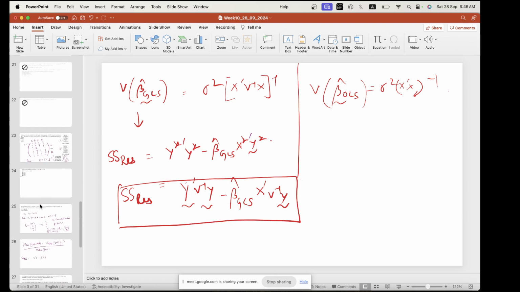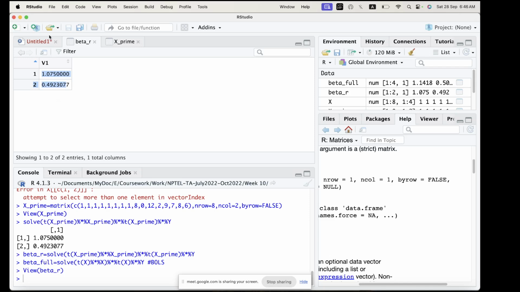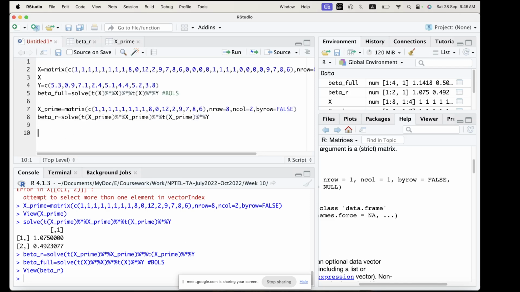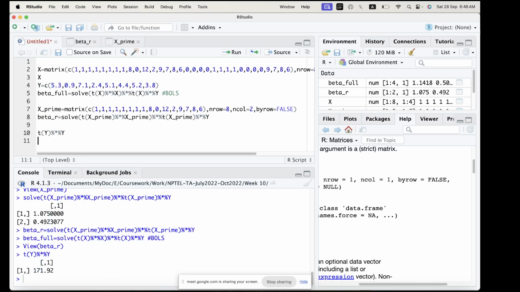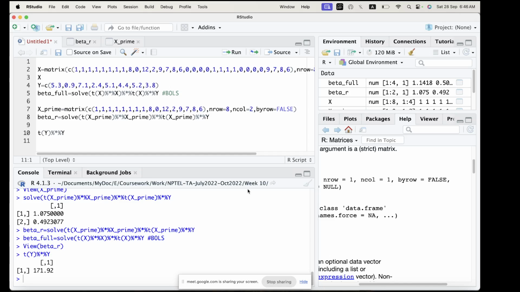So this one becomes y prime y is how much? Y prime y is 171.92, and minus beta 1 transpose x prime y.